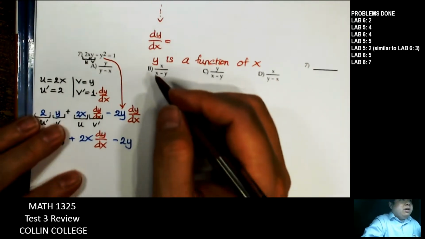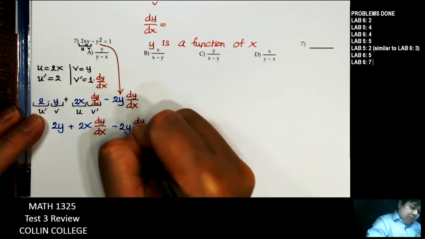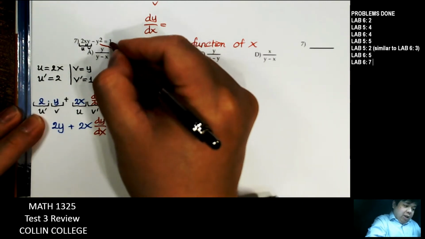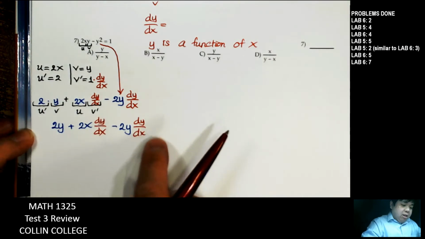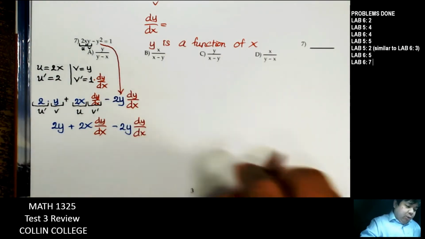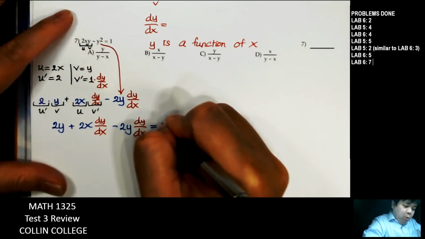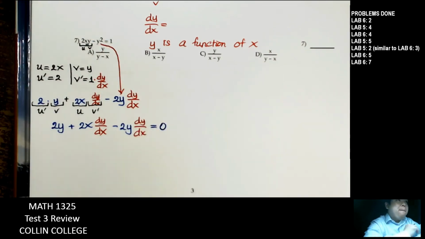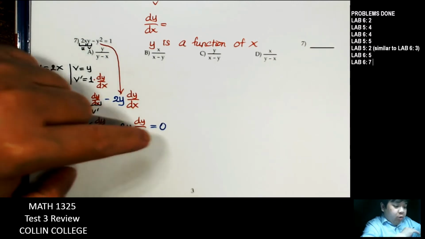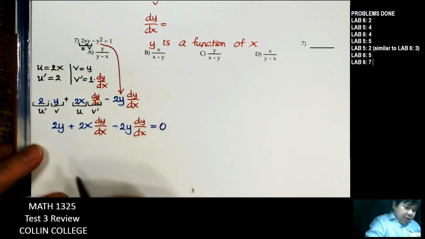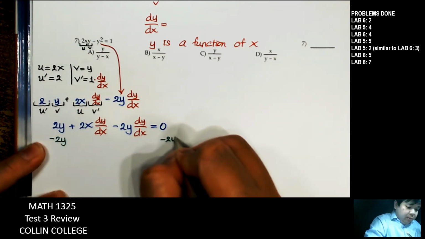So we have 2y plus 2x dy/dx minus 2y dy/dx, sorry. And the derivative, the product rule, is going to be that, and then equal to 1. The derivative of 1, sorry, is 0.